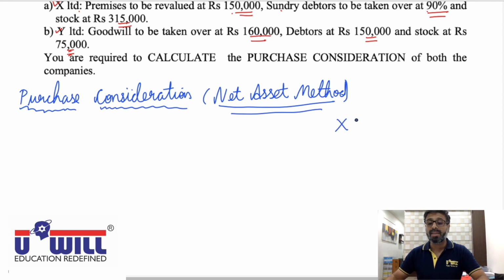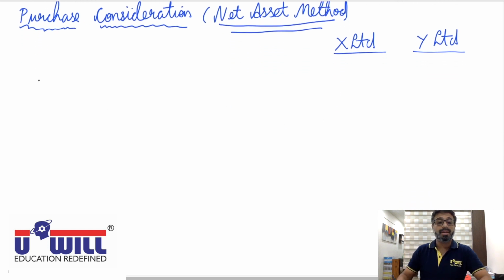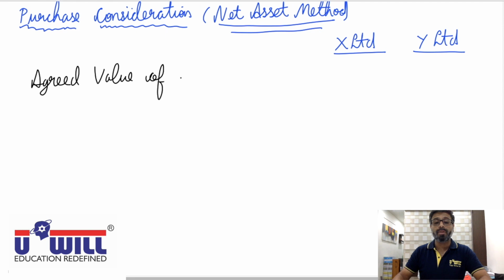So one column we can make for X Limited and one column we can make for Y Limited. Now what is the formula for purchase consideration by net asset method? First, agreed value of assets taken over.